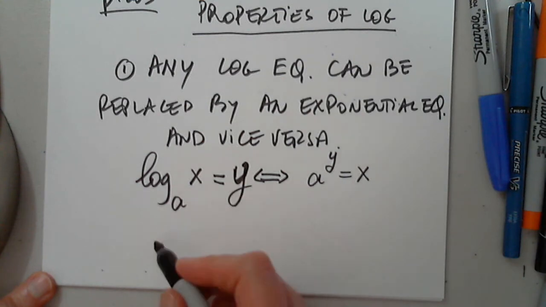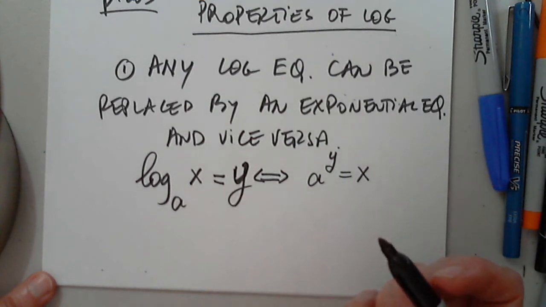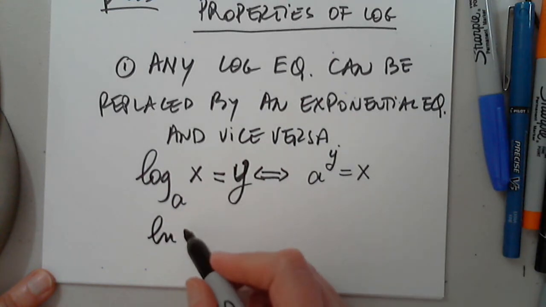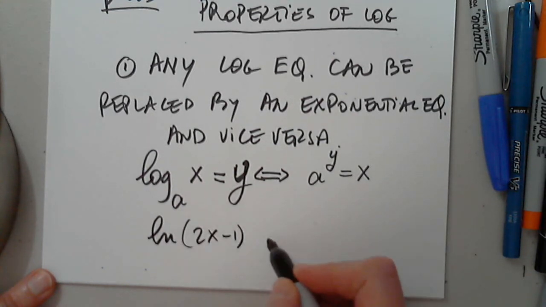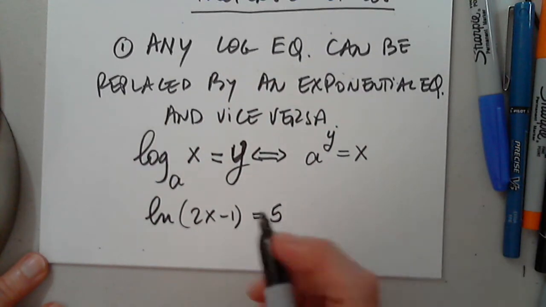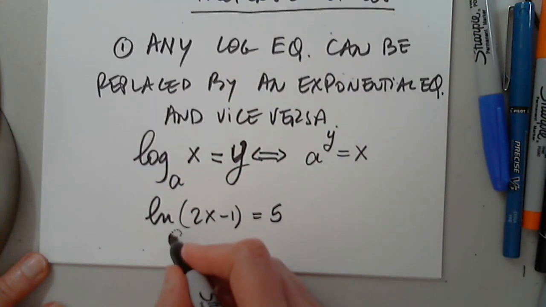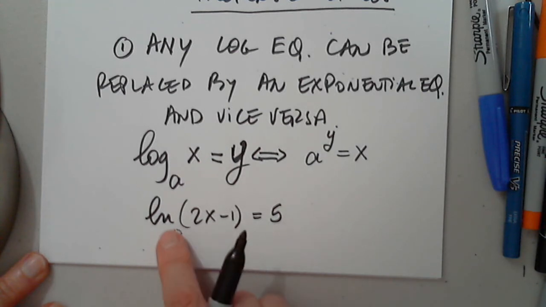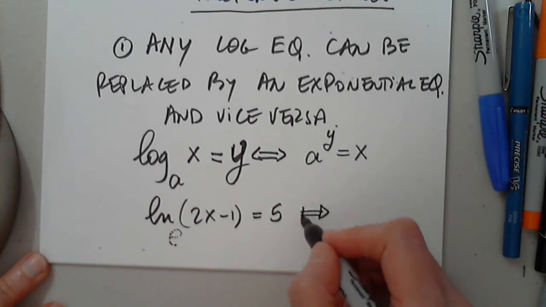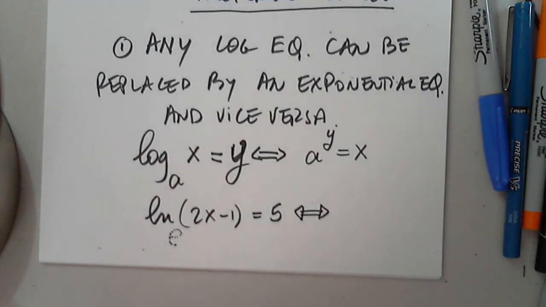Let's stick with natural log, because that's what this book is showing. So natural log of 2x minus 1 equals 5. So we know that the base is here. We don't see it, but we know it's there. How will I change this into an exponential equation? Anyone wants to give it a shot?